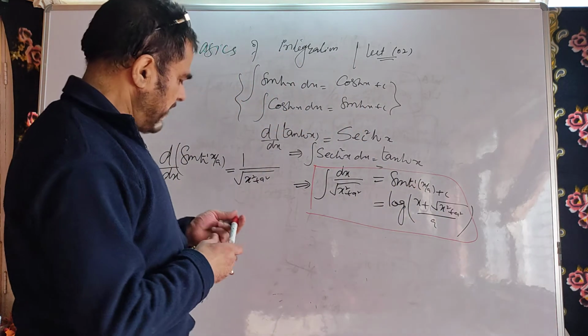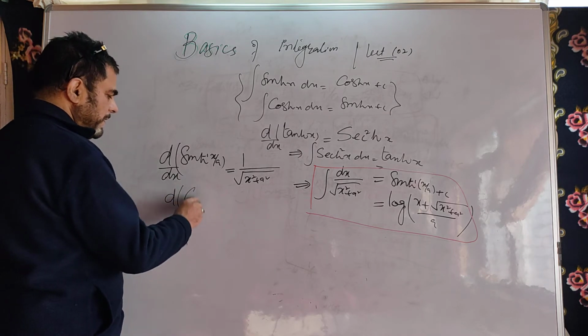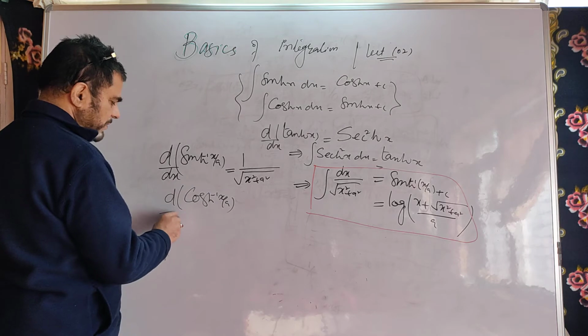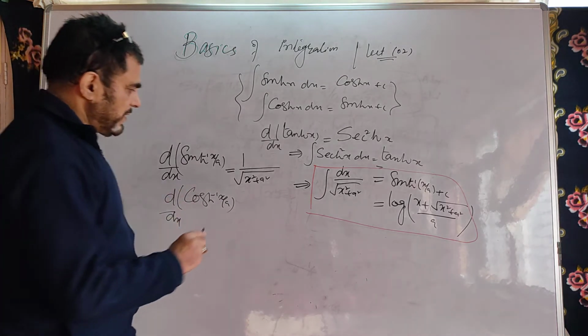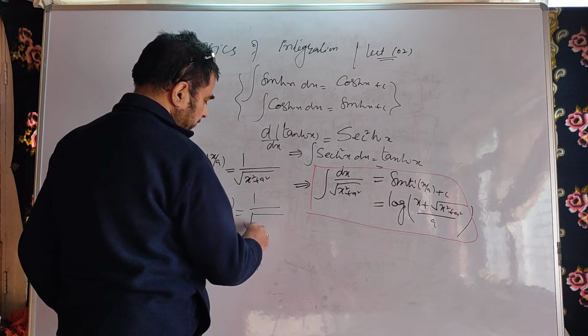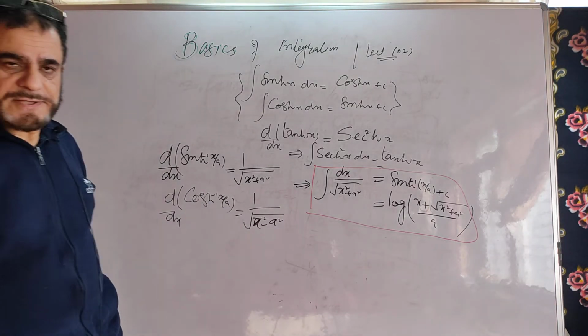Okay, and you have derivative of cos hyperbolic inverse x by a with respect to x. This is 1 by under root of x square minus a square.